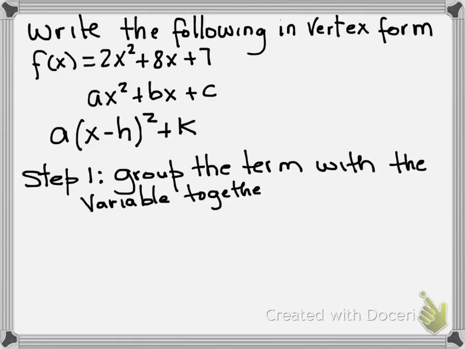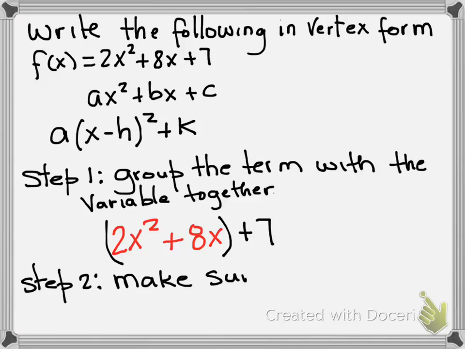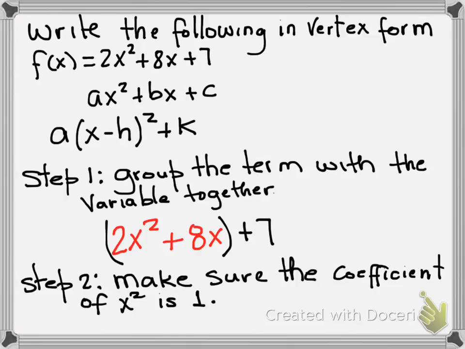Once I group them, I will take out the 2 so that the leading coefficient can be just 1. Pay attention closely. So in this case, I factor out the 2, because the 2x squared and 8x have 2 in common.